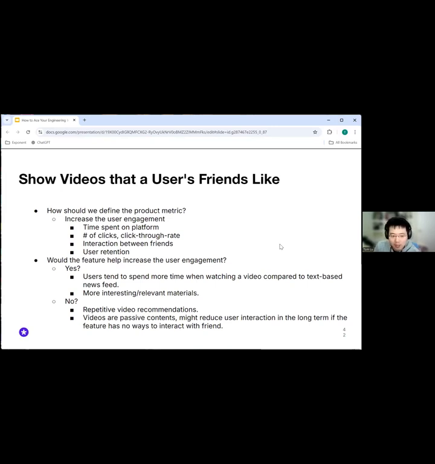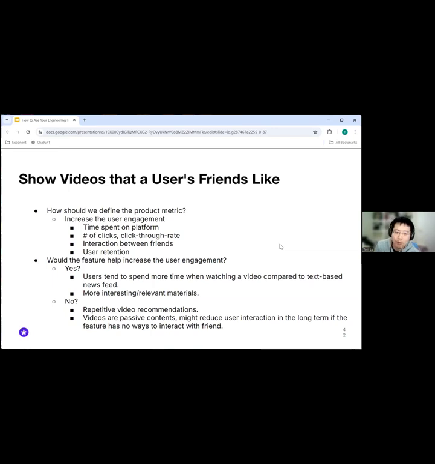Maybe the answer is yes, because users tend to spend more time when watching videos compared to a text-based newsfeed, because the videos are more interesting and more relevant. Or maybe the answer is no, right? Because the videos might get repetitive, or the videos are passive content, so users might only be interested in watching the video without doing much interaction with their friends.